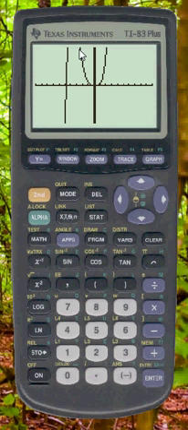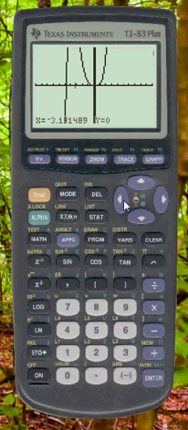Okay, so let's take a look at this. You can actually now figure out where this crosses the axis. So how can I do that? I can press little buttons here. The X is right there at 0. Hey, that's where it's crossing, right at X equals 0, Y equals 0.